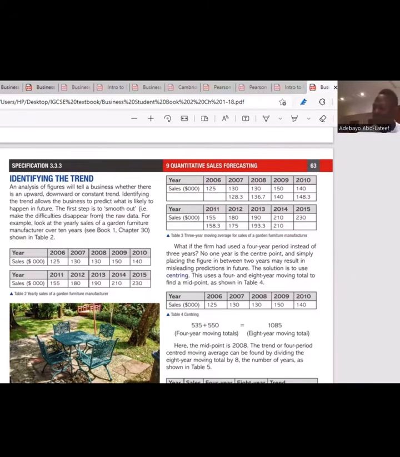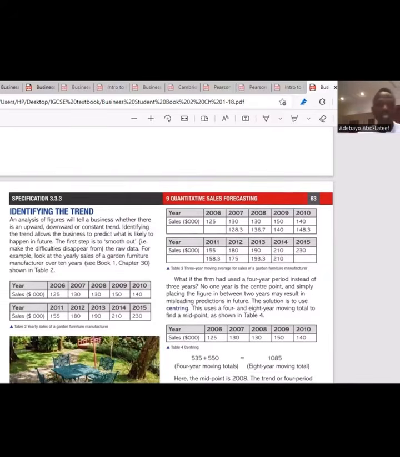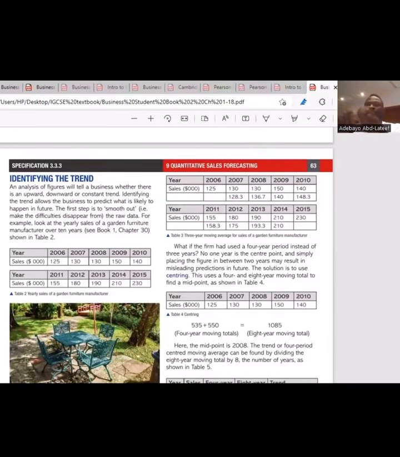When you are using your trend, you are using either your moving average or centering. What I mean by moving average is you calculate a certain number of your sales, mostly for 3 years. You calculate your sales for 2019, 2020, 2021. You divide by 3. What you get is what we mean by moving average.